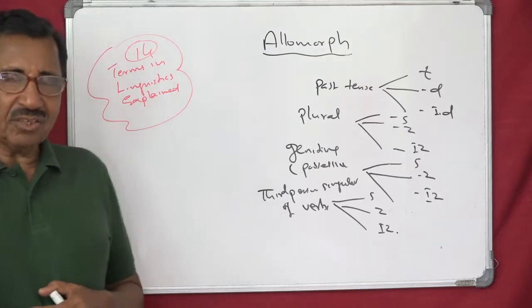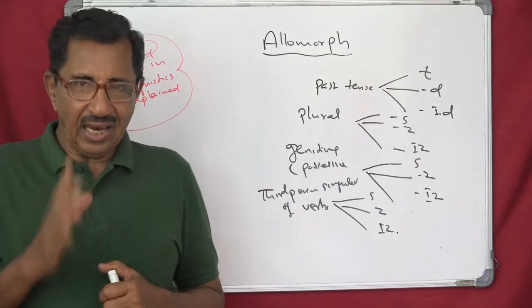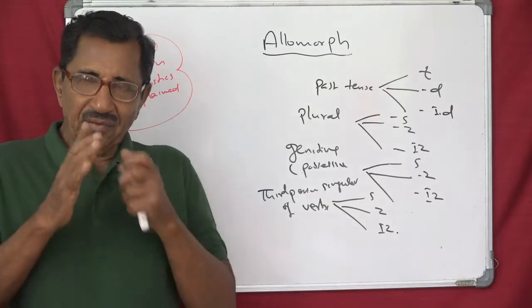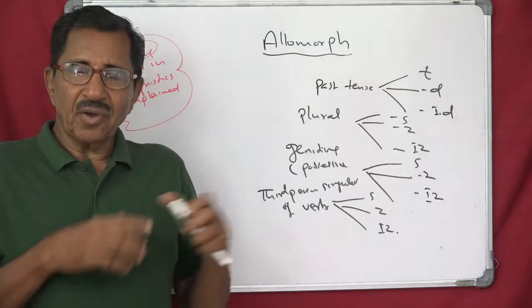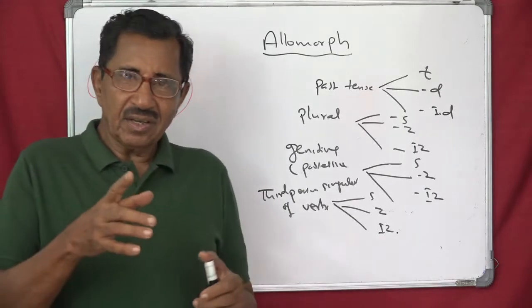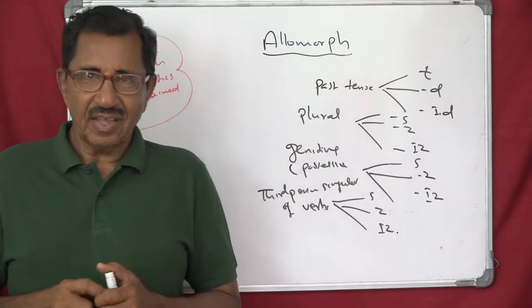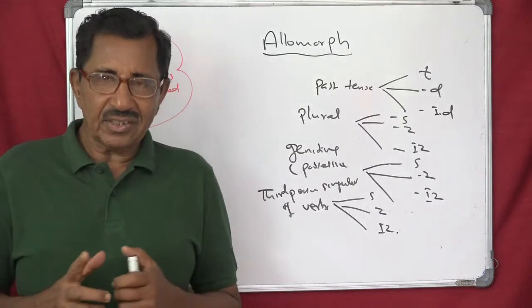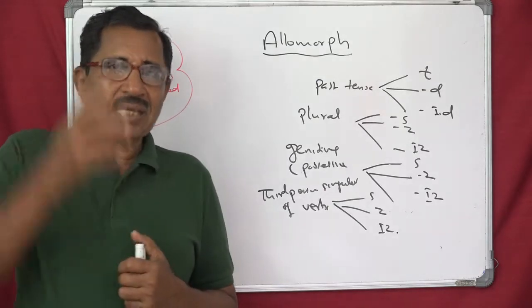I think enough for the time being. I just want to explain this concept of allomorph. Allomorph is also the smallest meaningful unit. Morpheme is also the smallest meaningful unit. Morphemes have only one form of realization, but allomorphs have different forms. But at the same time, they are semantically similar.